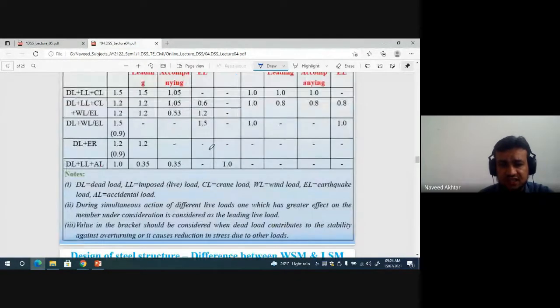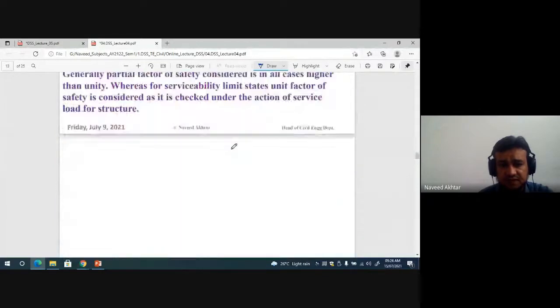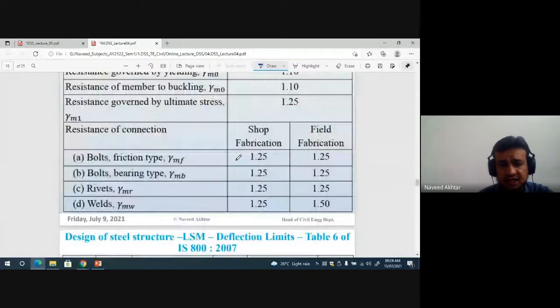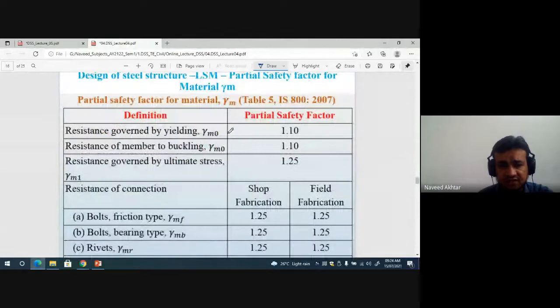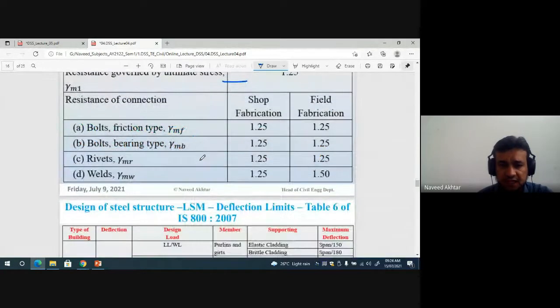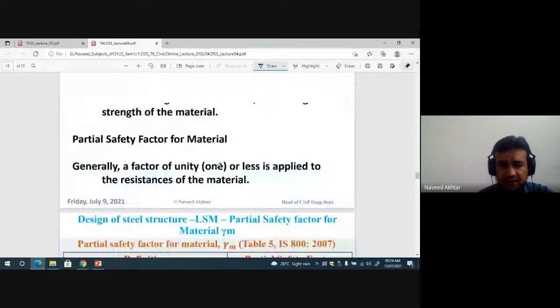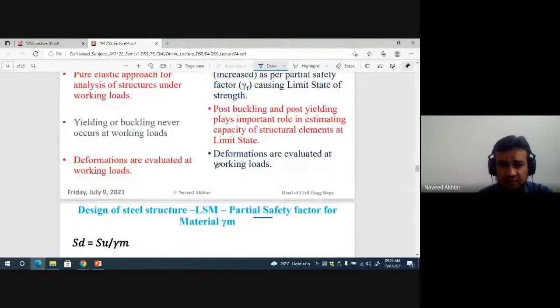As you have seen in this table, for the partial safety factor for the material, you can see different conditions. For yielding it is 1.1 and for ultimate it is 1.25. So we have not randomly taken 1.25 or something. We are taking it rationally, as per our requirement.